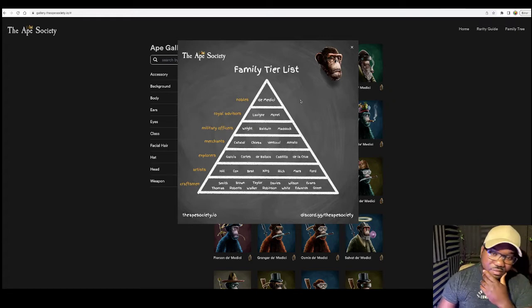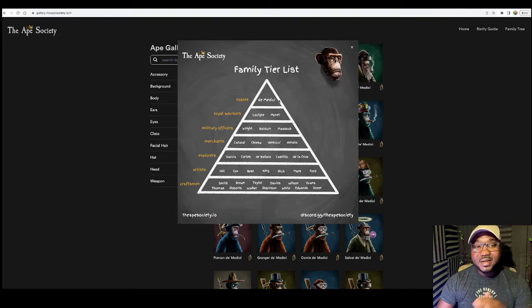So associated with each class, you have names that go with them. And that name is only used within that class. So for nobles, you have them Medici, which all the nobles will have. So it's an easy way for you to tell which class they're coming from when you see the name.